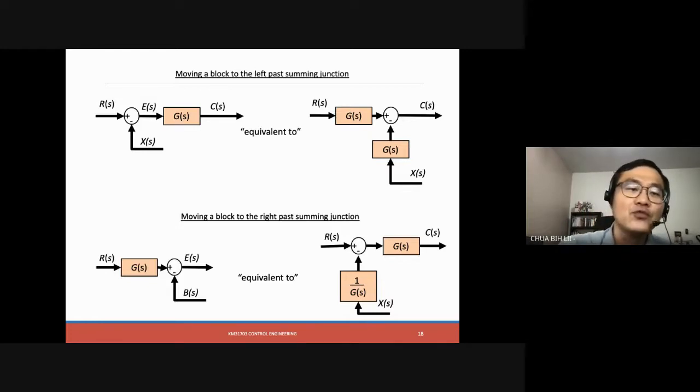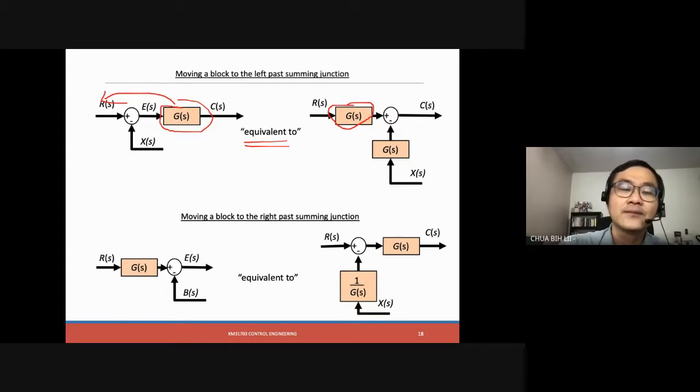So how we can move this is that we form an equivalent diagram. If you intend to move this block to before the summing junction, instead of adding only the transfer function that you move before the summing junction, you have to add another similar transfer function block to the feedback side.